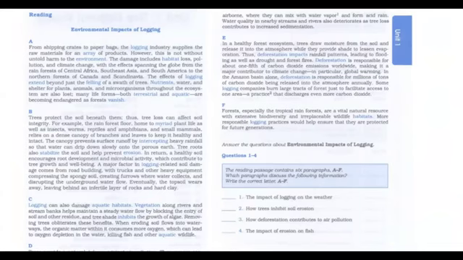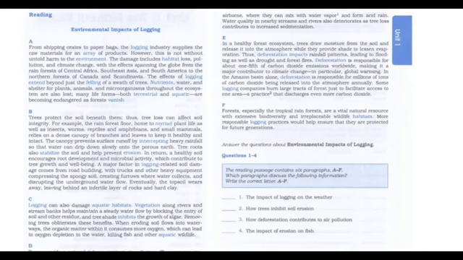Okay, and then we have E. Sivara, please. In a healthy forest ecosystem, trees draw moisture from the soil and release it into the atmosphere, while they provide shade to lessen evaporation. Thus, deforestation impacts rainfall patterns, leading to flooding as well, drought and forest fires.